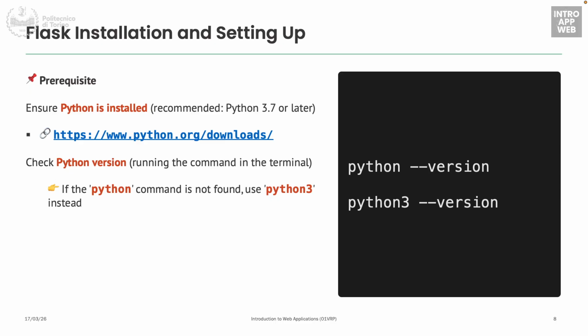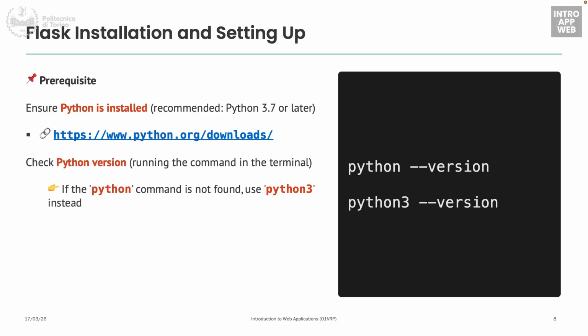In some cases, it is just python --version, and in some other cases, it installs Python under the alias of python3. So you can check both of them, and after running one of them, it should show the version, and you immediately understand if it is installed.